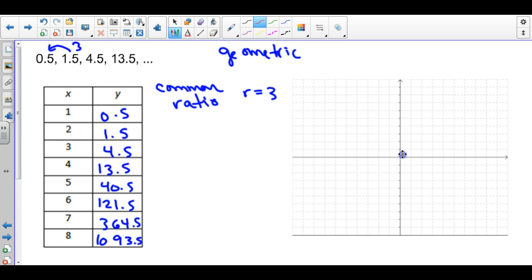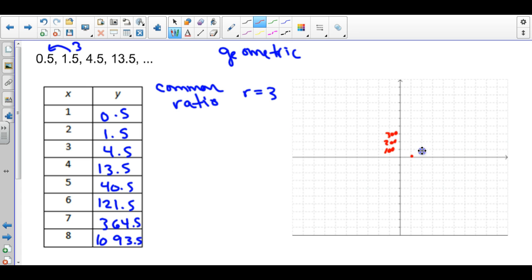So what I'm going to do actually on my y-axis, since these numbers are counting insanely fast, I'm going to count by hundreds on the y-axis, which is going to really require us to eyeball these x values really close. So in this first one, if you think about it, from 0 to 100, we're only going up 0.5. So this first term is so insanely close to the x-axis, and the terms are going to be like that until we pass 100, which that's not going to be until our 6th term.